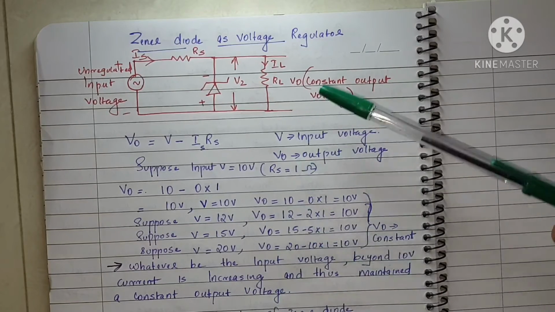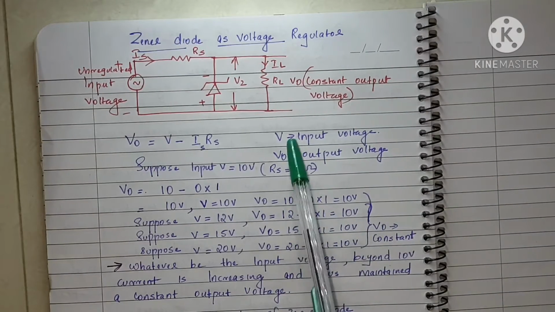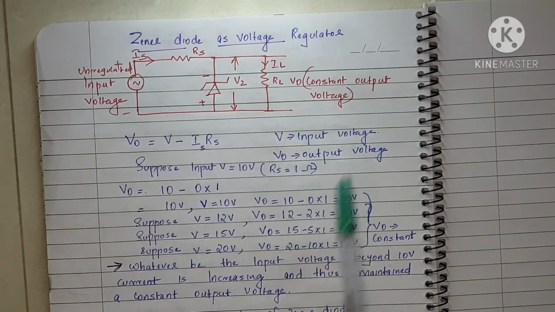If we increase the input voltage, that is V equal to 12 volt, for this 12 volt supply we get a current through the resistor. The current flowing through the resistor is 2 amps. So 12 minus 2 into 1, since the resistor value is constant, we get the output voltage again as 10 volt. We further increase the input voltage.